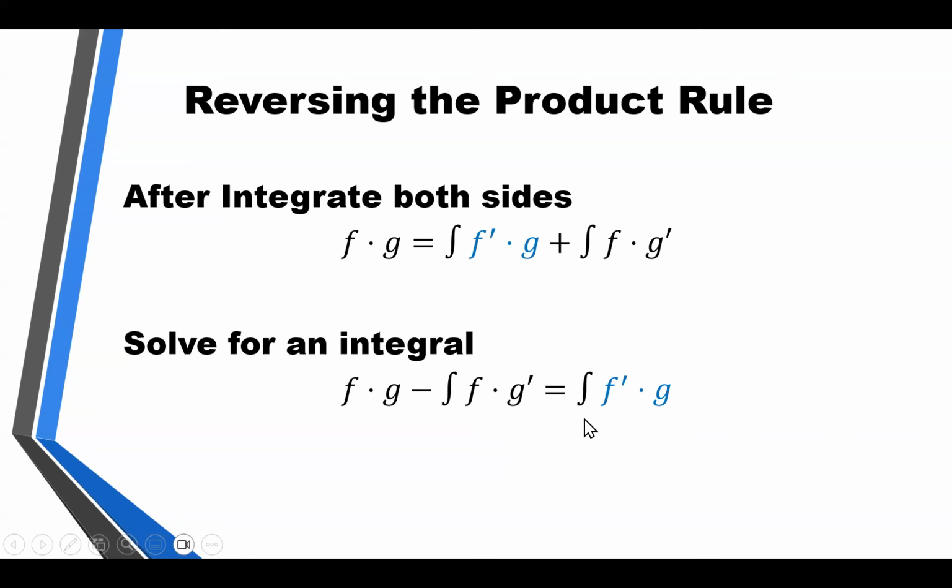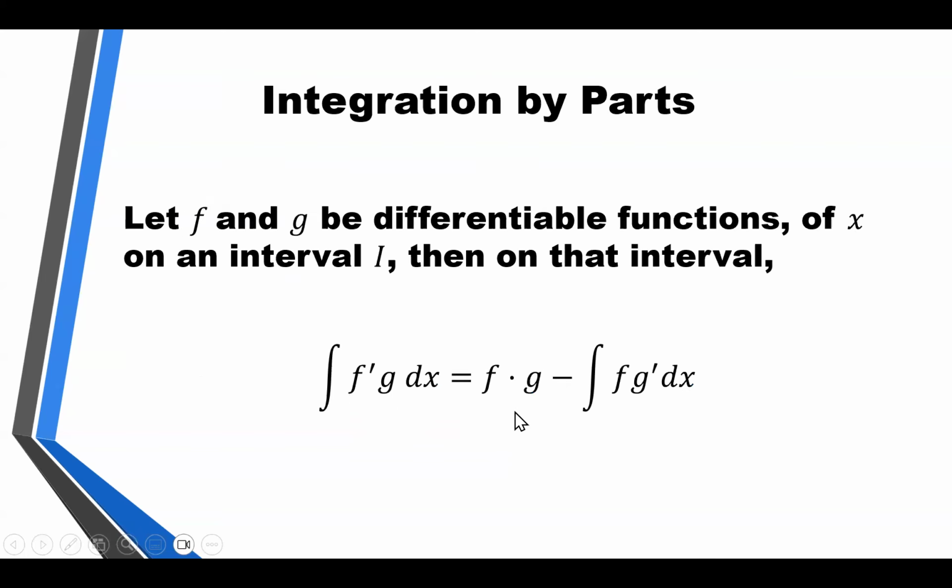So that gives me that the integration of f prime times g is equal to f times g minus the integration of f times g prime. And that's what integration by parts is.